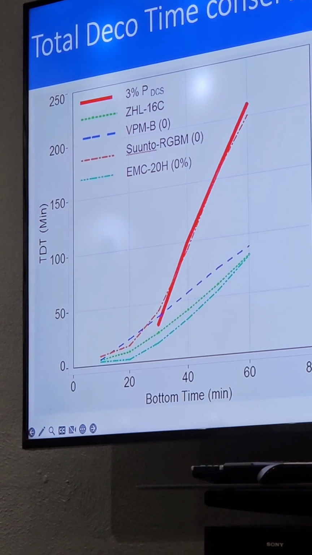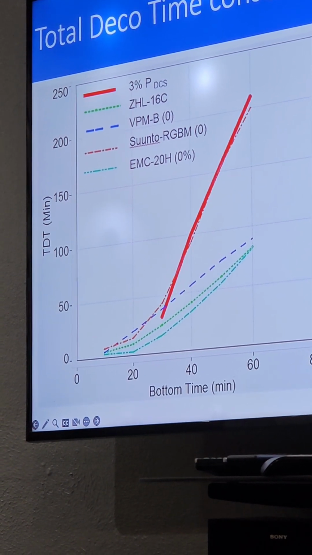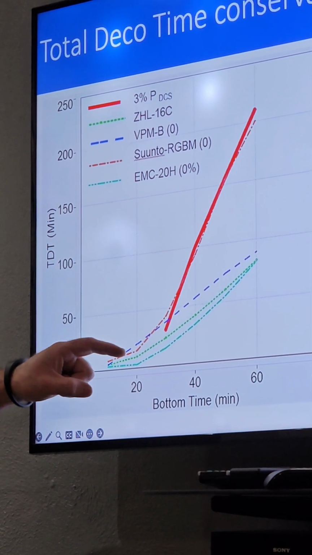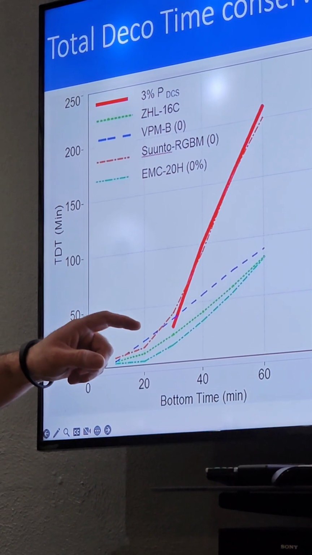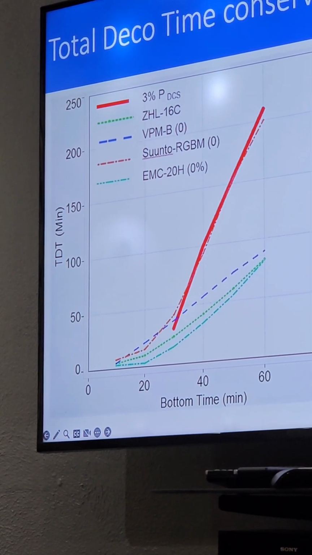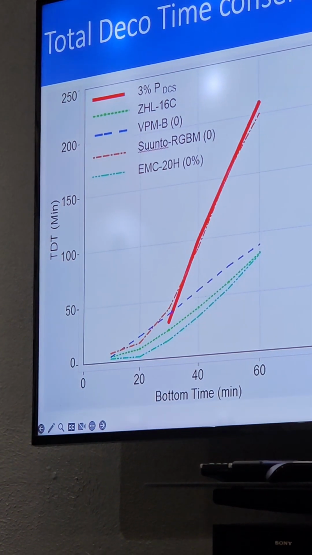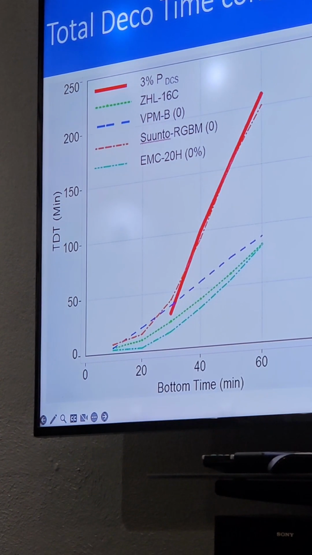There's one outlier that's really hard to see since they use red on red, but Snudo's reduced gradient bubble model, which is a critical supersaturation model, saying that some bubbles are okay, not all, but just the little ones are fine.